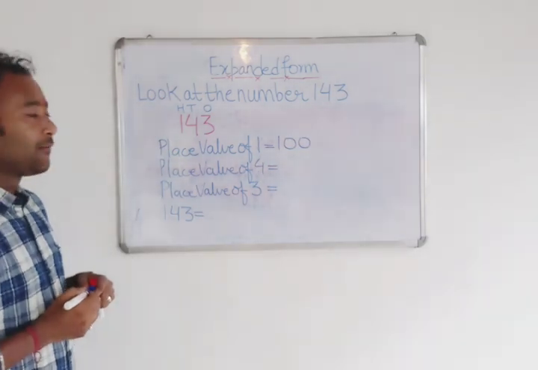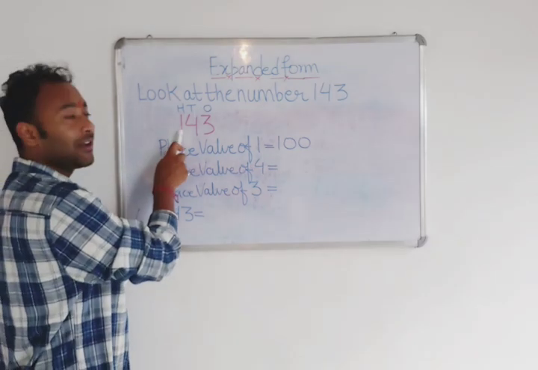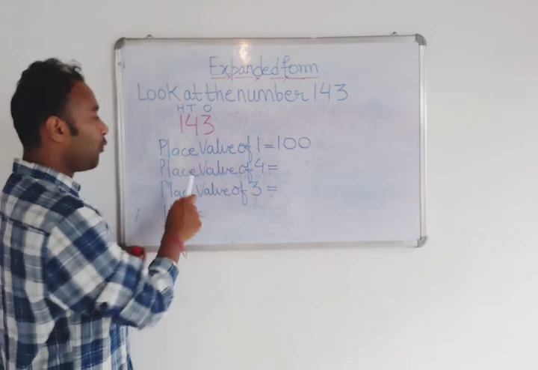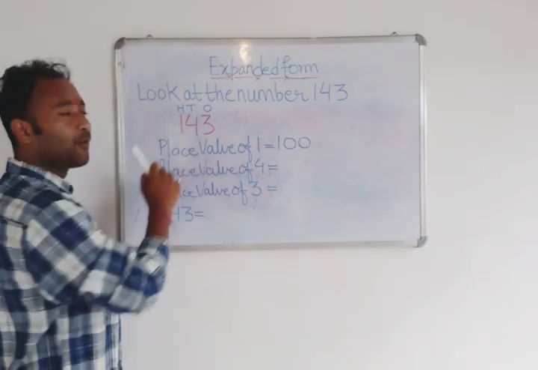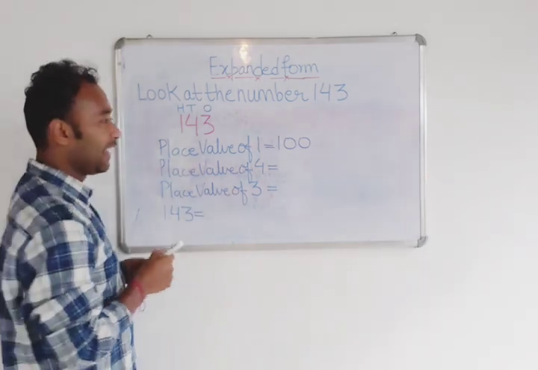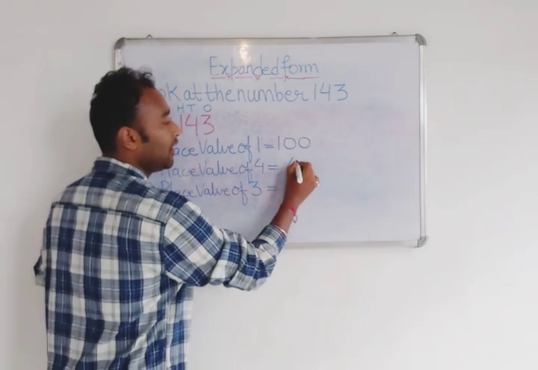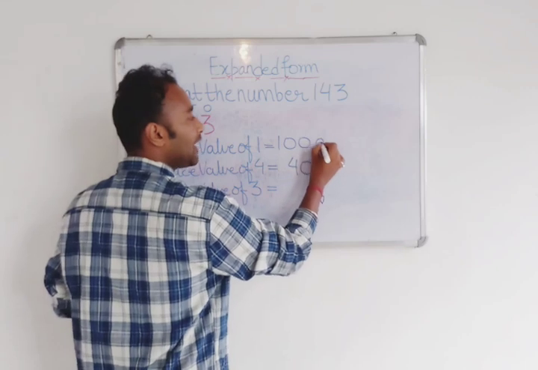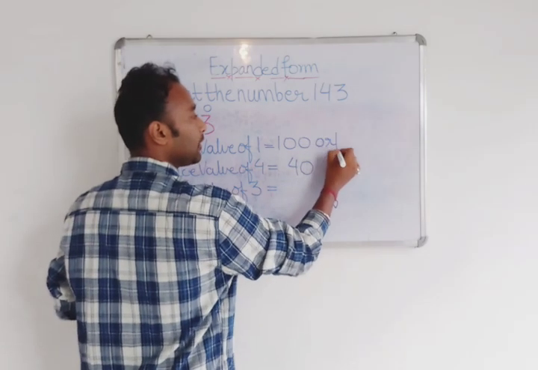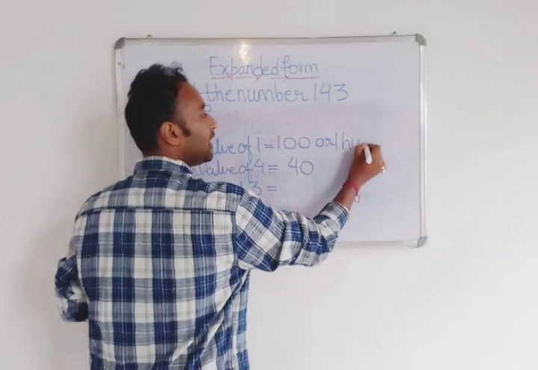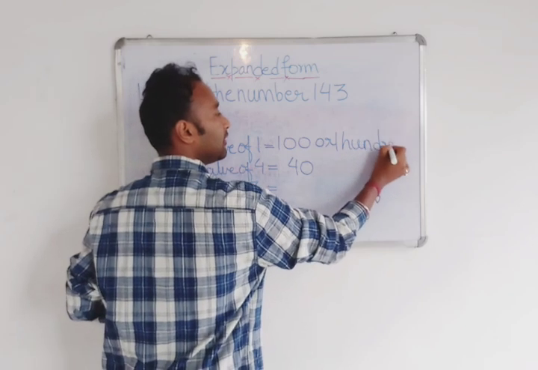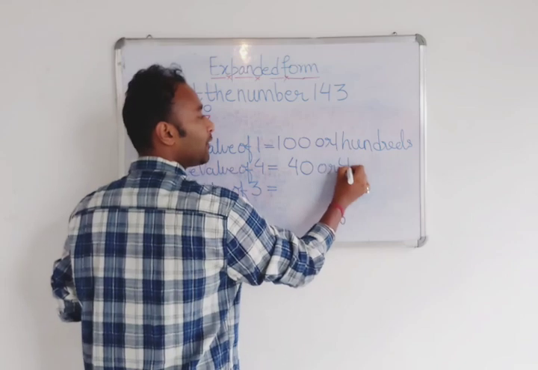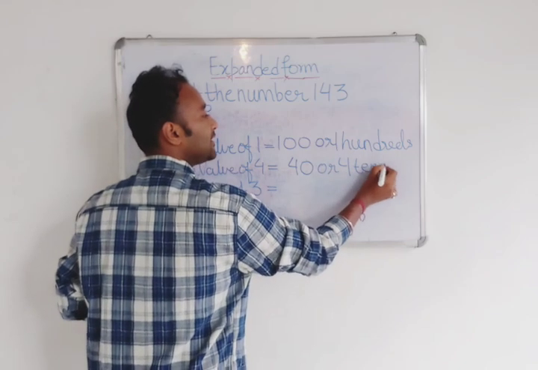Understood, students? When we ask the place value of this 1, you will say 100. What is the place value of 4? Very good. So you will write here 4 tens, or you can write it like this, 4 tens.